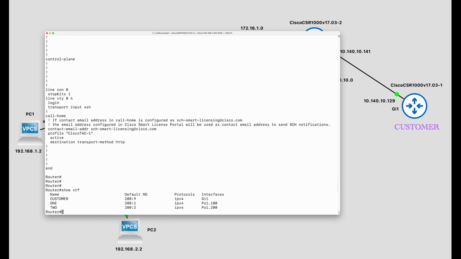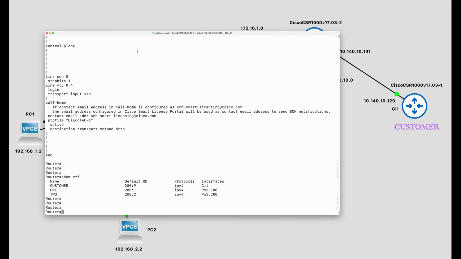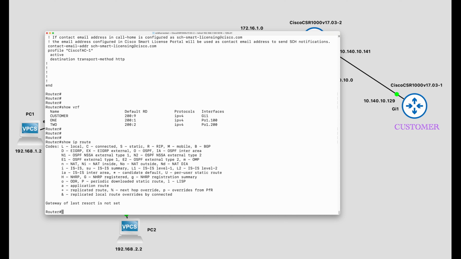So here there are 3 VRFs, and let us look at their address tables one by one. This is the router where the route targets are exported and imported from 1 and 2 into customer, and then the other way around as well. So show VRF, show IP route, nothing in the global address table.